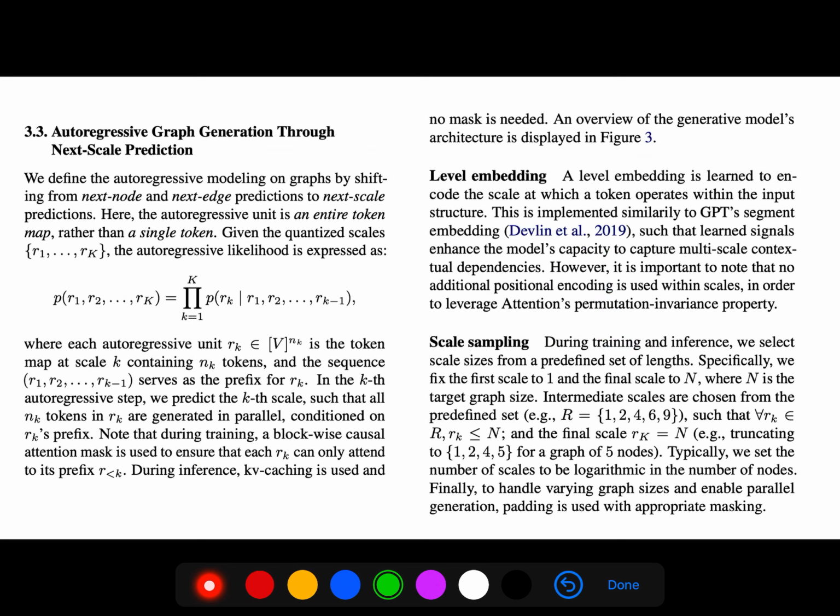A level embedding is learned to encode the scale at which a token operates within the input structure. Scale sampling: during training and inference, we select scale sizes from a predefined set of lengths. So we fix the first scale to 1 and the final scale to n, where n is the target graph size. Intermediate scales are chosen from the predefined set.